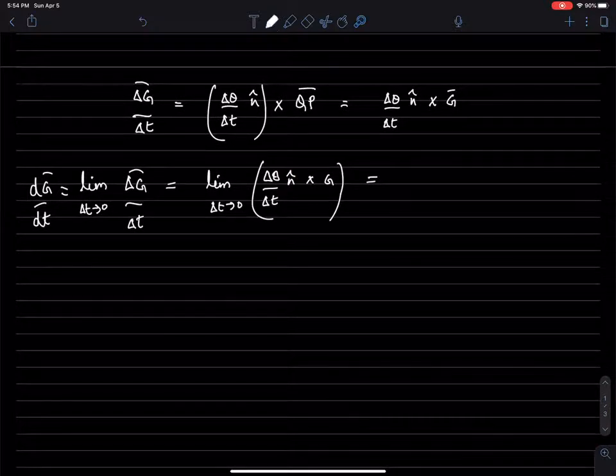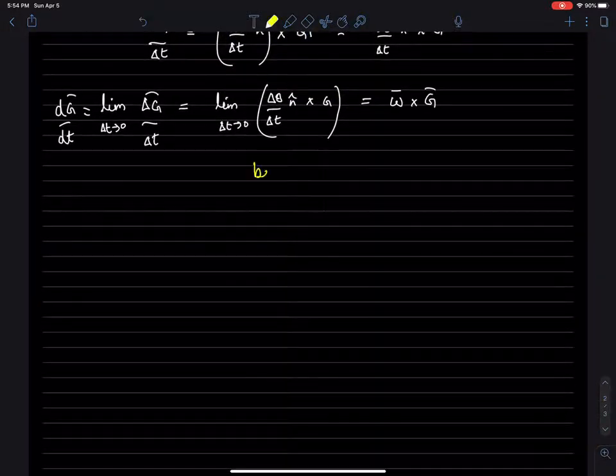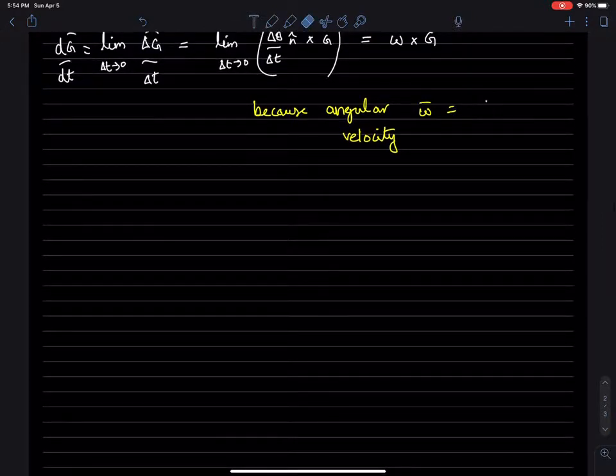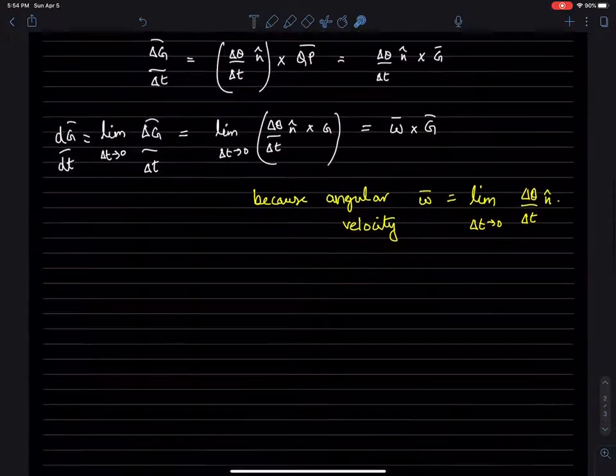That's the definition of omega, the angular velocity. Okay, so that's the key result.